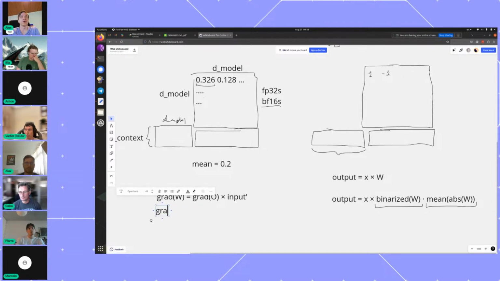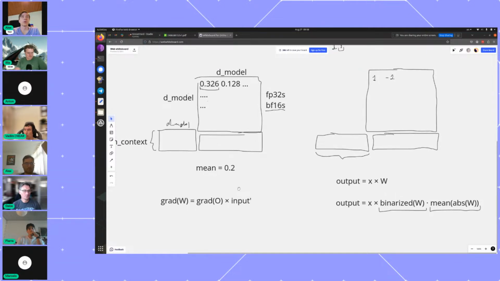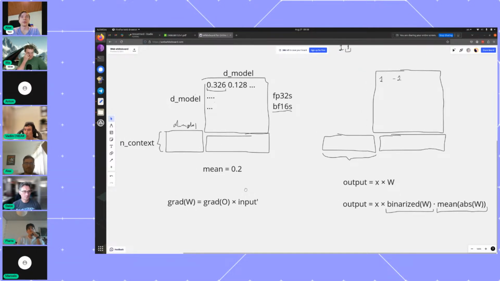Similarly, you would say the gradient of the input is equal to, I think it would be something similar, the gradient of the output times W transpose or something like this. I'm probably doing it wrong. Anyway, cool. So that's for weights.